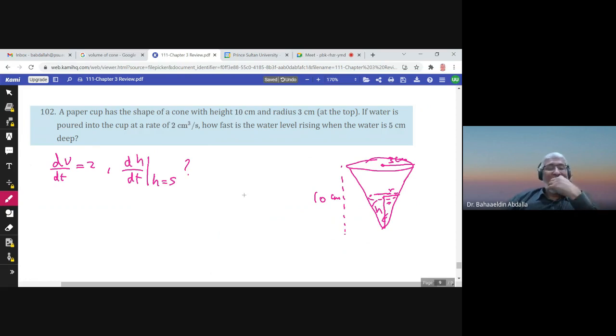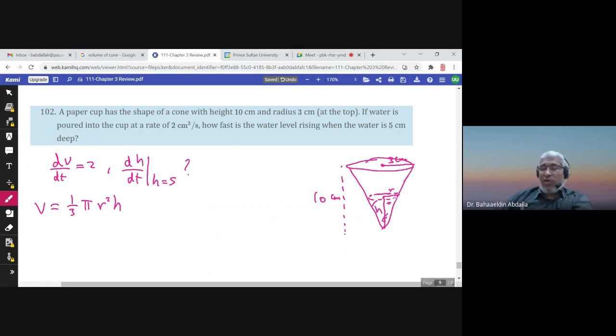Well, I need to find a relation. I know that the volume of the cone is 1 over 3 pi r squared h. Now, I need to find the derivative with respect to t, but I have three variables, V, r, and h, and they are changing.